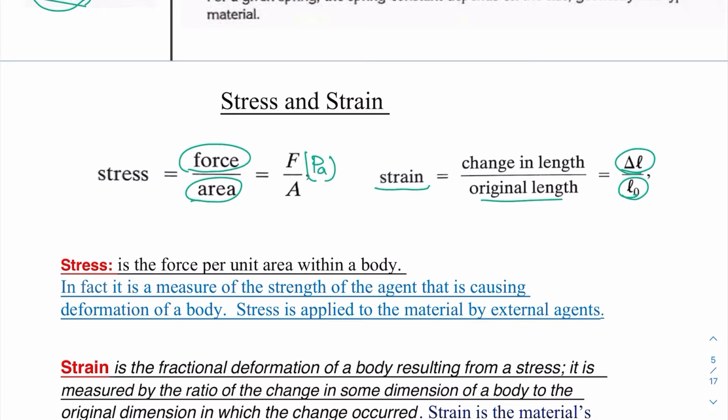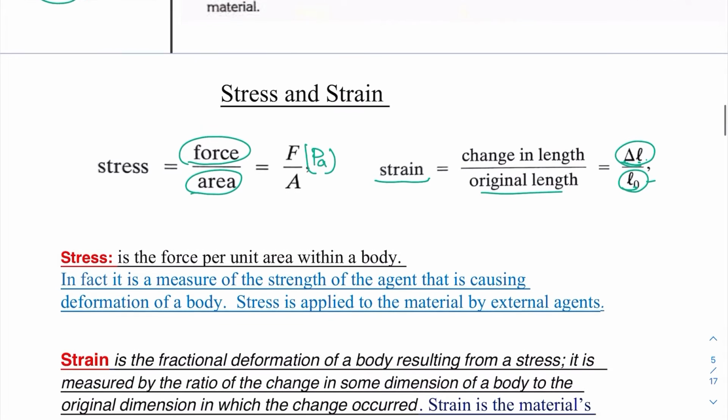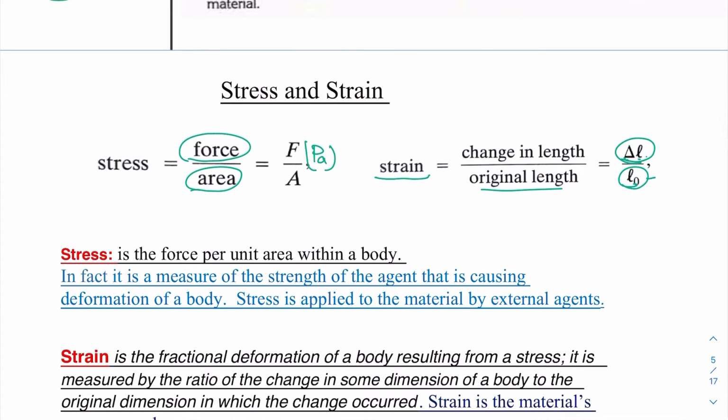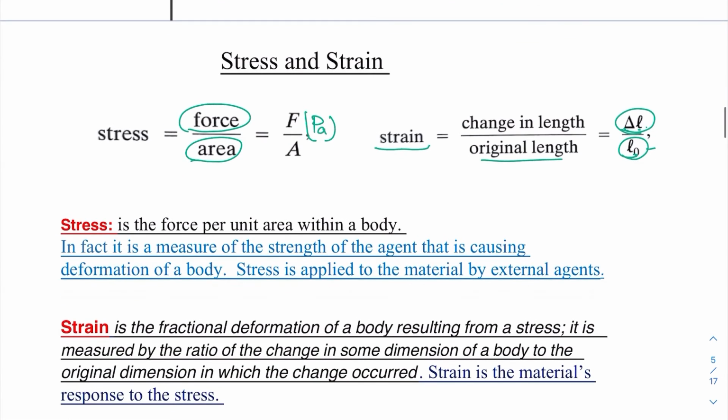The original length of the material or the object is denoted by L sub naught, and delta means change. Delta means the displacement or the change in the size that the material will experience after a force is applied on the material.